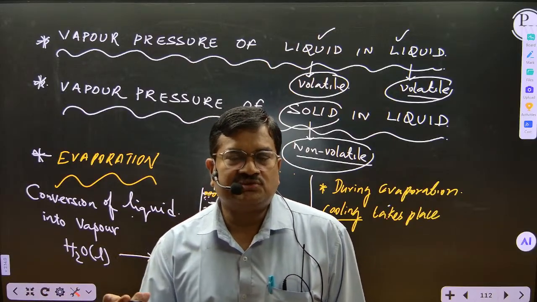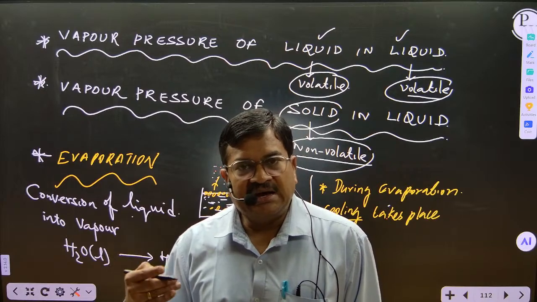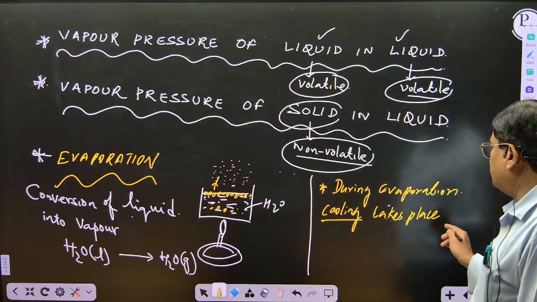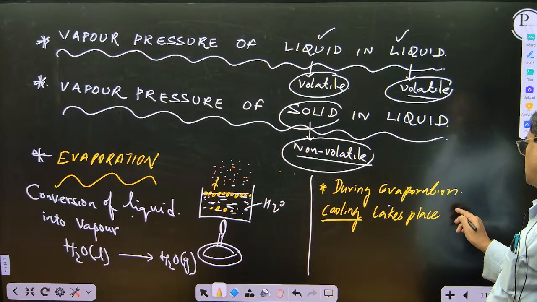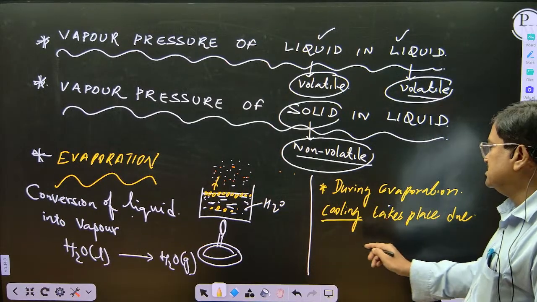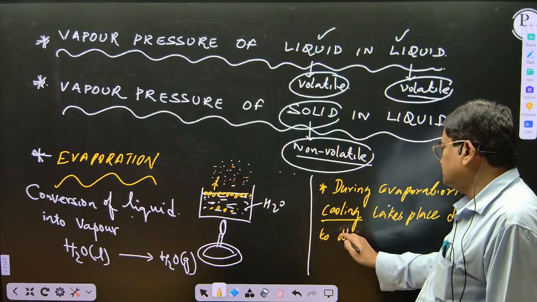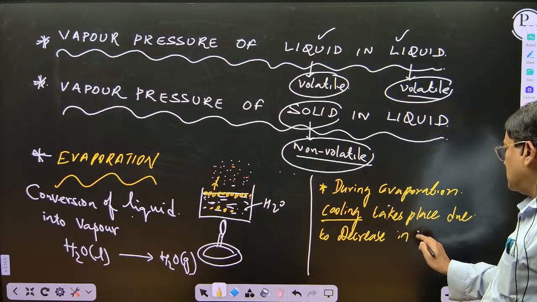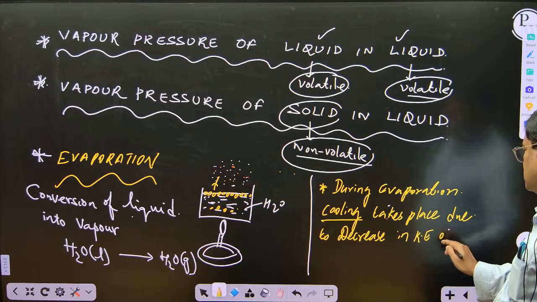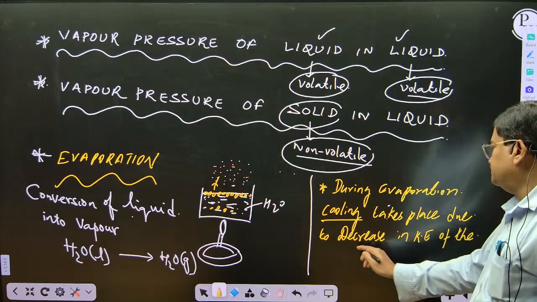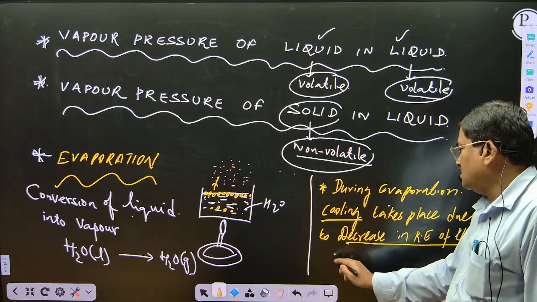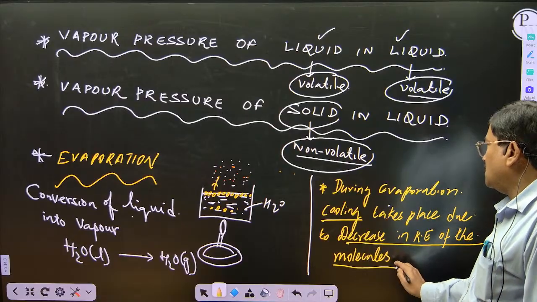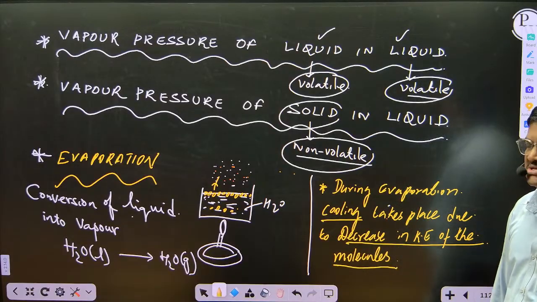So A is true and R is true, and R is giving the explanation to A. So here write: during evaporation, cooling takes place due to decrease in kinetic energy of the molecules. Understood? So this is conceptual.